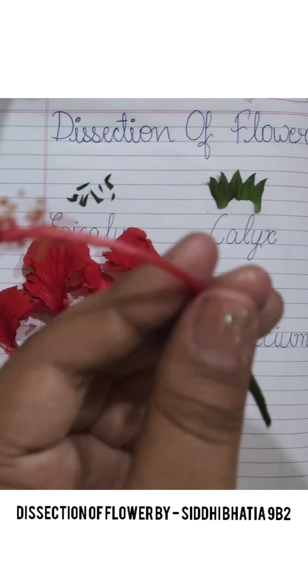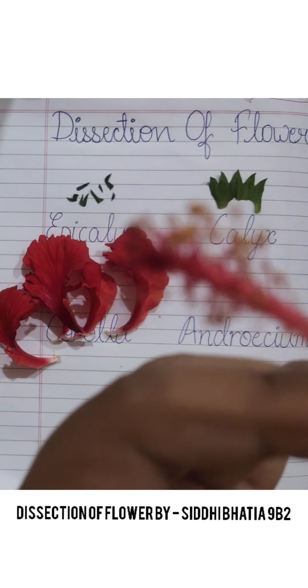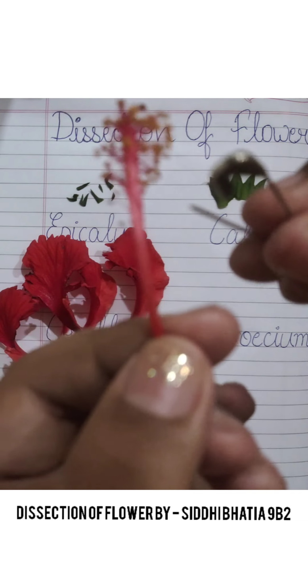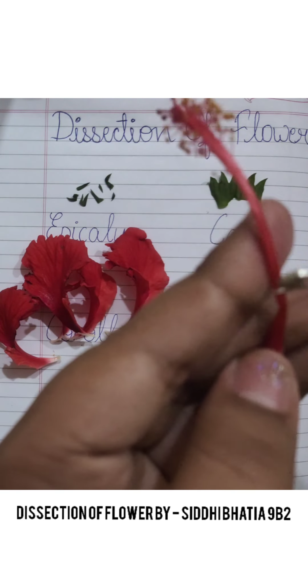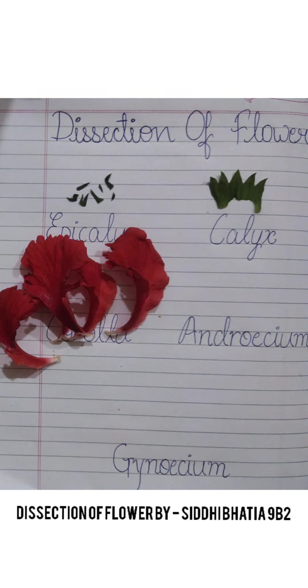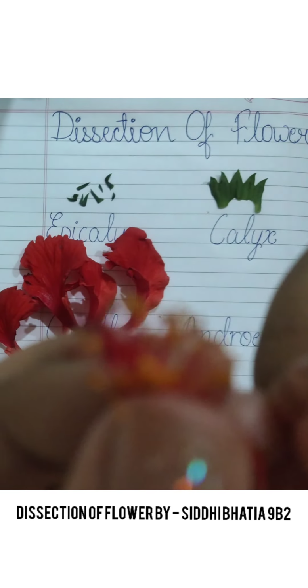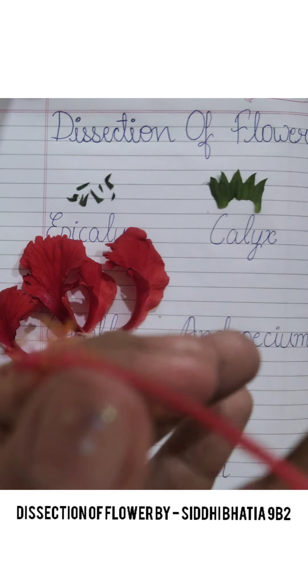So now you can see that these are stamens. Stamens are fused together to form a tube-like structure known as staminal tube. This is staminal tube. That yellow one is pollen grains that stick to the anther. You can see this.